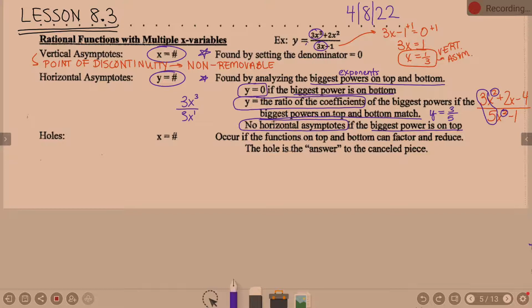On top. So what category does this fit into? Because the biggest power is on top, this is an example of there being no horizontal asymptotes. Okay, so that's some information about horizontal asymptotes.